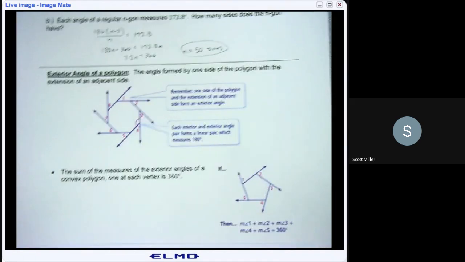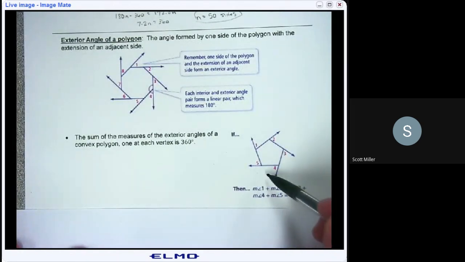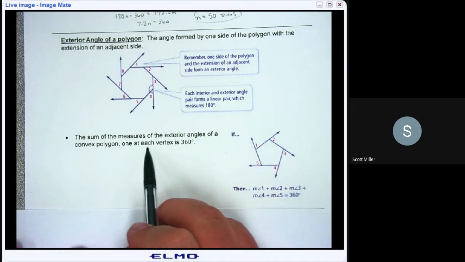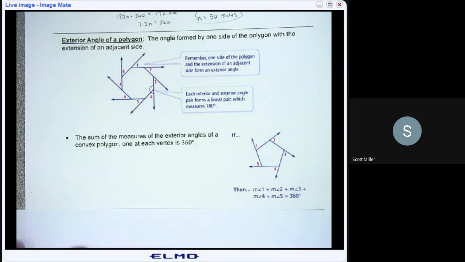So what do I know? No matter how many sides it has, if I add up all the exterior angles for all the sides of the polygon, it's going to be 360 degrees. And stop to think about why that would be.